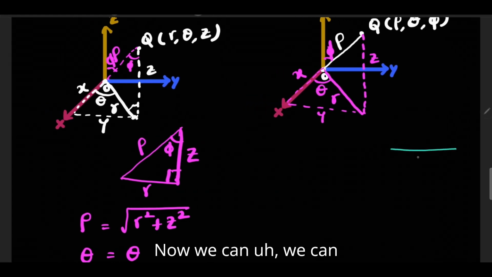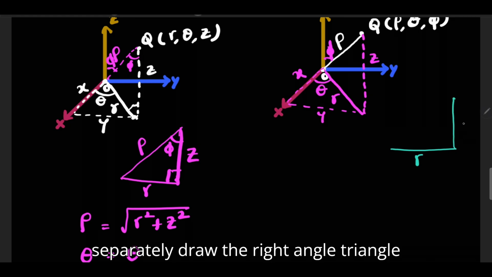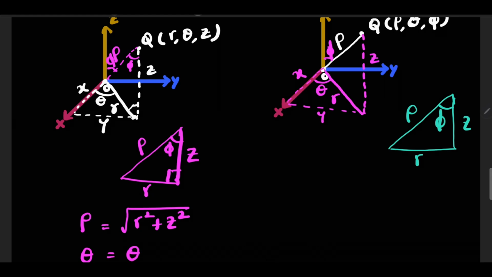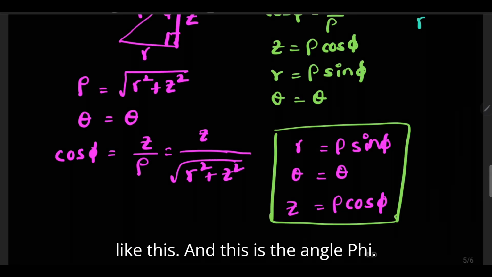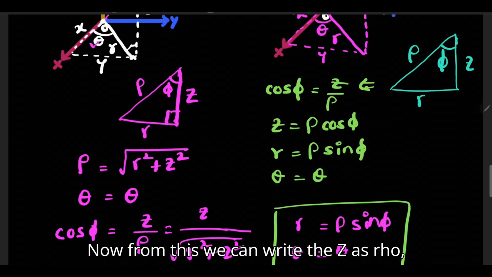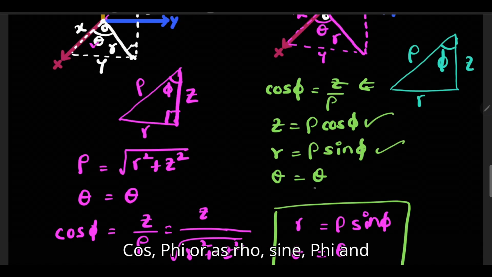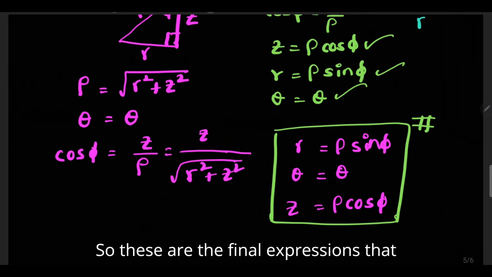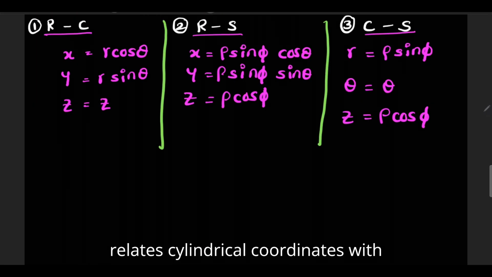Now we can separately draw the right angle triangle formed by r, z and rho, like this, and this is the angle phi. Now from this we can write z as rho cos phi, r as rho sin phi, and theta as unchanged. So these are the final expressions that relate cylindrical coordinates with spherical polar coordinates.